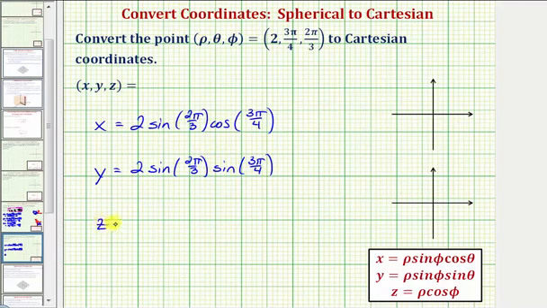And finally, z is equal to ρ times cosine φ, which is 2 times cosine 2π/3.